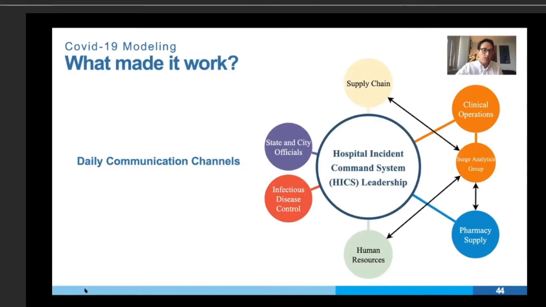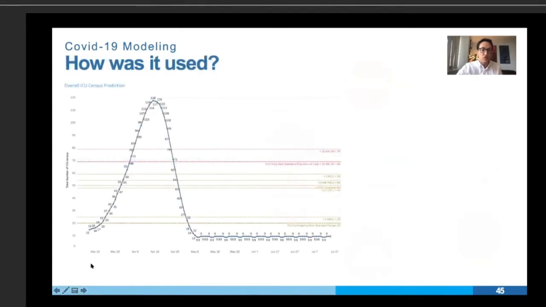So when it comes to the decisions that were downstream of this, this chart shows a very early version of our critical care census. So I think this line probably comes from mid-March. And you can see it spikes all the way up at 118 critical care beds.